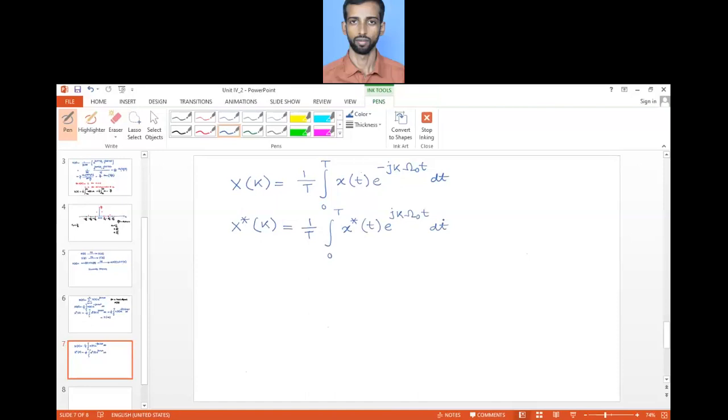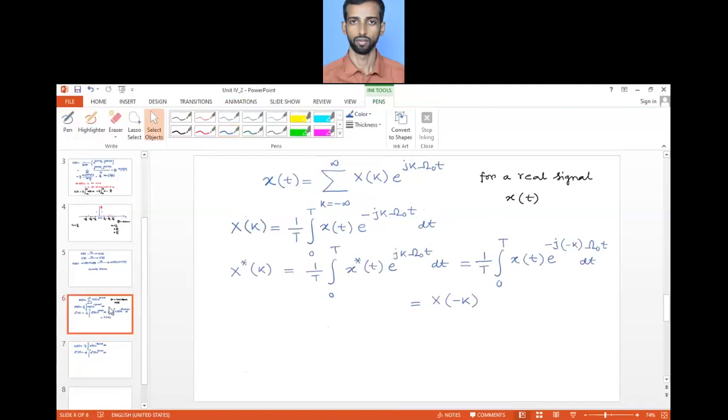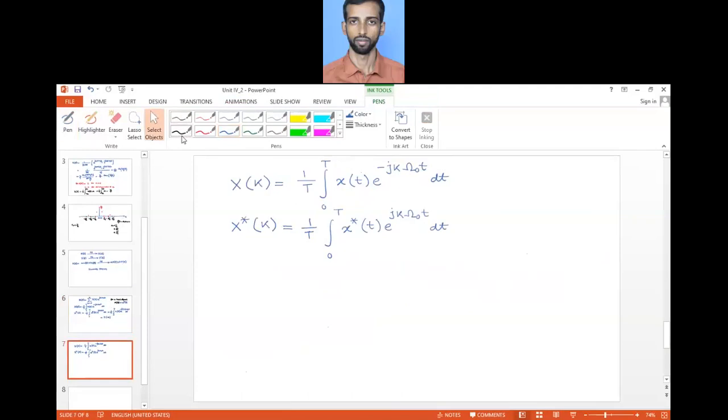Now for a perfect imaginary signal, we have written that for a real signal x t, x t is equal to x star t. That is obvious. But for an imaginary signal, x star t is nothing but minus x t.